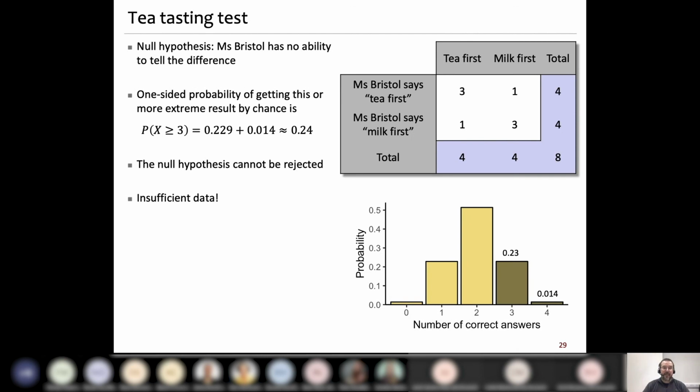And because the p-value is large, the null hypothesis cannot be rejected. So we cannot make really any conclusion. We have insufficient data, and by looking at these numbers, I can tell you that this experiment is seriously underpowered. To make a good experiment with good conclusions, you would need many more cups of tea.